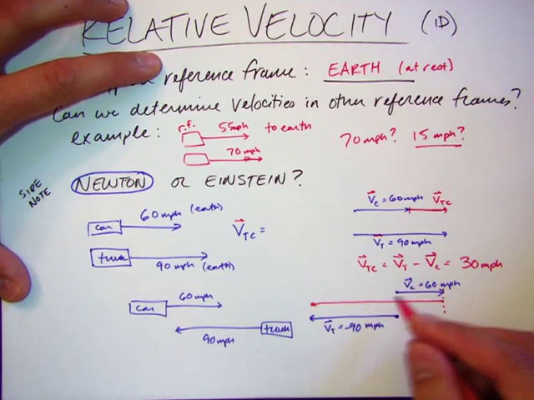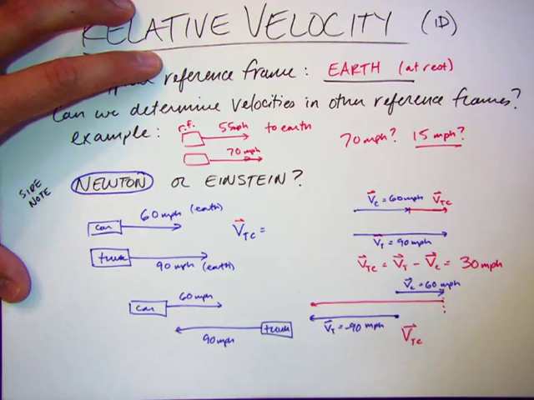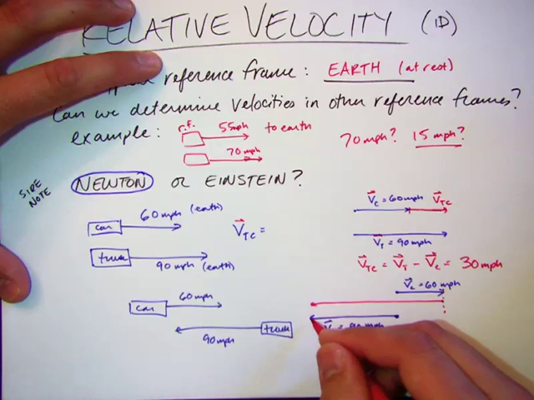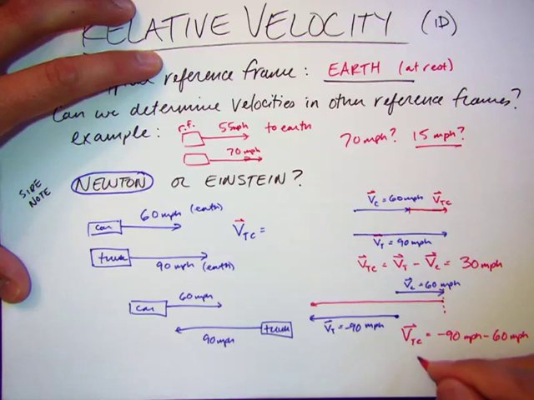Now, how long is this? Well, the velocity of the truck relative to the car is the same formula. The velocity of the truck, which is negative 90, minus the velocity of the car, which is positive 60. So in this case, I get negative 150 miles per hour.